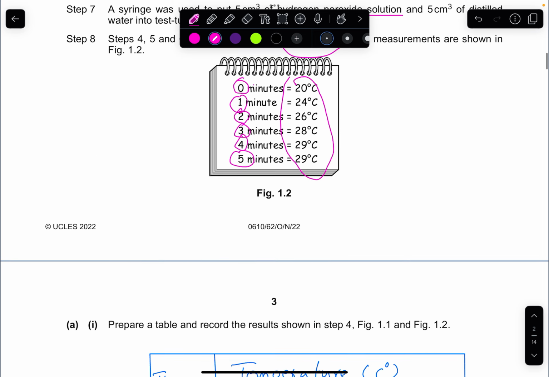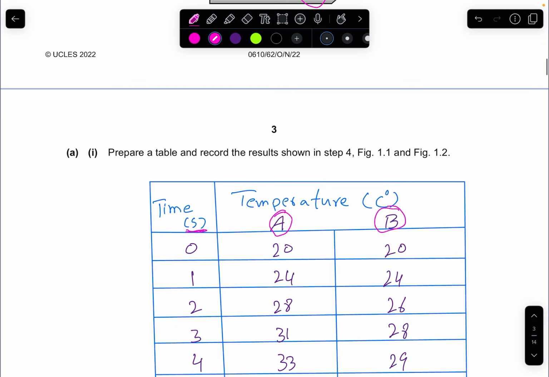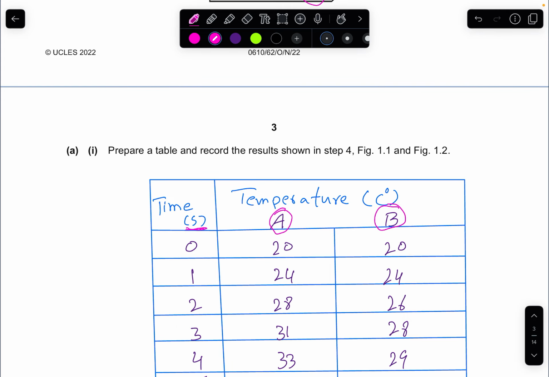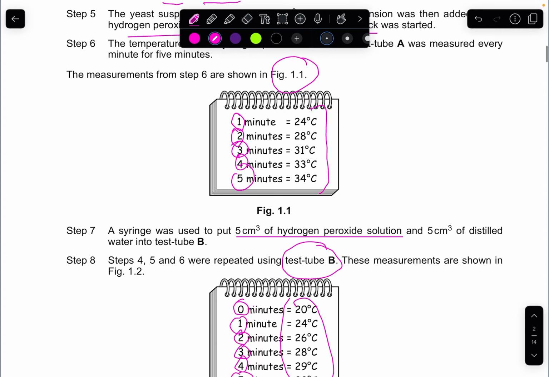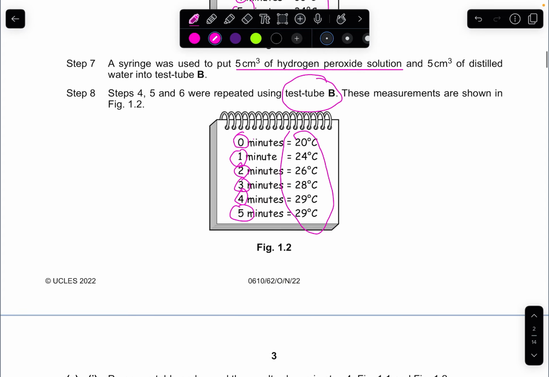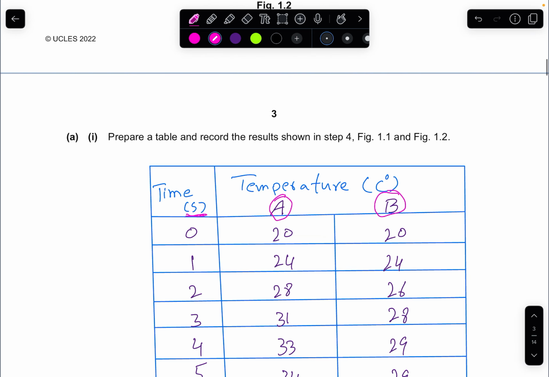When we are going to make a table, we'll use the time, and don't forget the units, that is minutes, and for temperature the unit is degrees centigrade, and because we have two test tubes, A and B. The time starts at 0. The temperature is the same for A, and the same for B, 20.